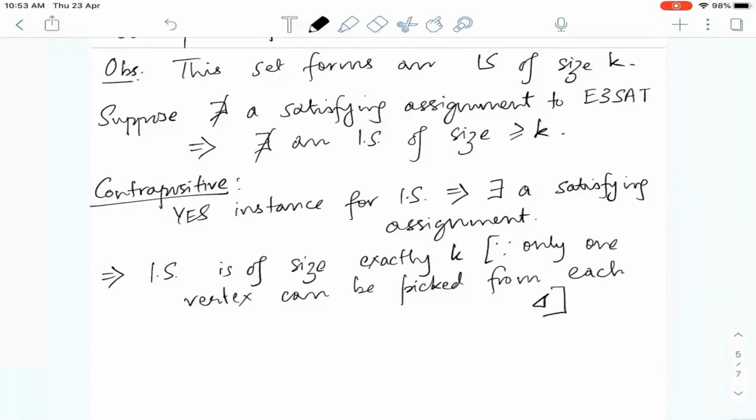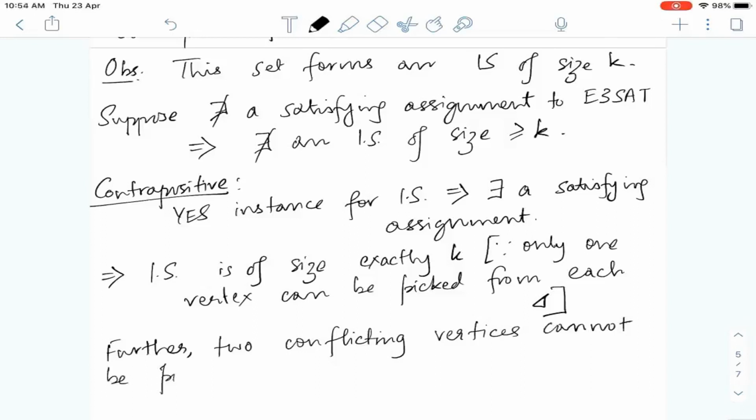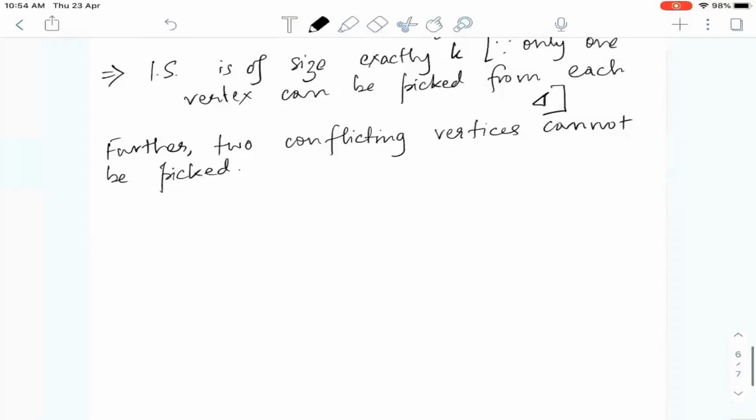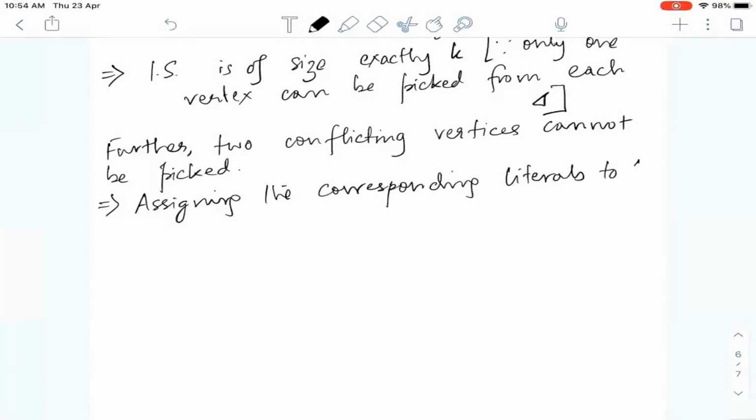Further, two conflicting vertices cannot be picked. This implies assigning the literals to 1 forms a satisfying assignment.